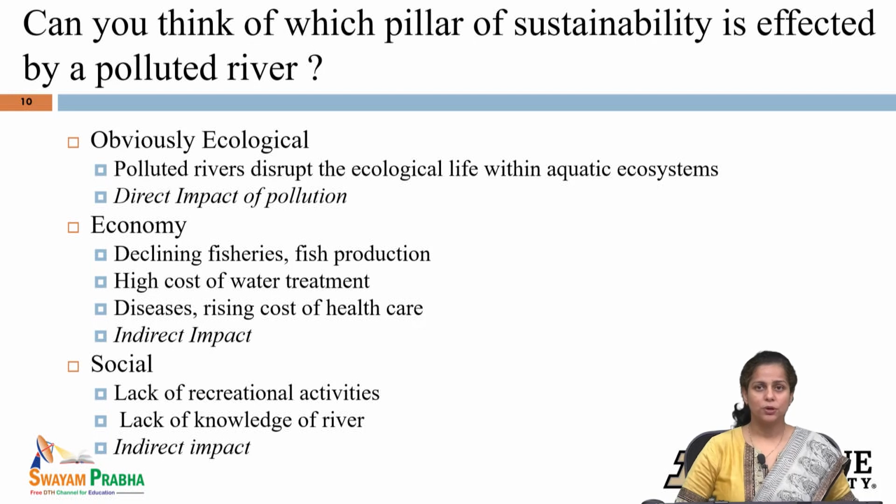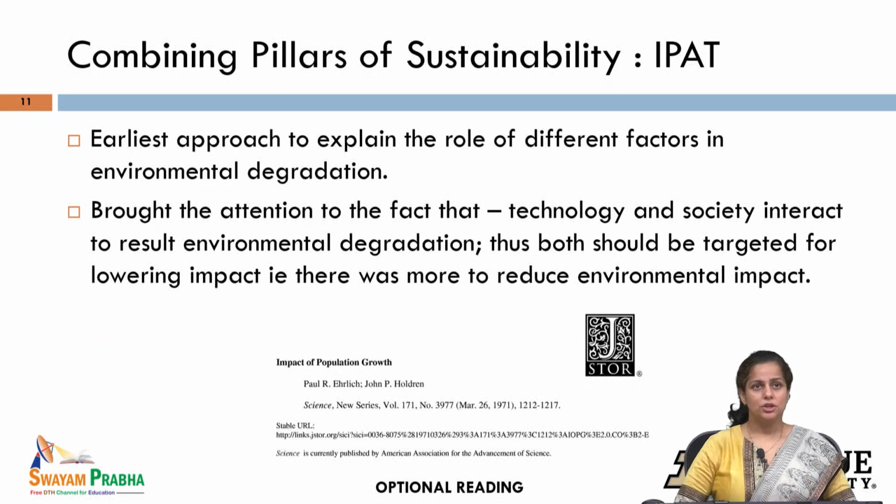So, now we will move ahead into combining these three pillars into the first equation that helps us calculate the impact of these three different sustainability challenges in one equation. The first equation that tried to combine these three pillars of sustainability is called the IPAT equation.